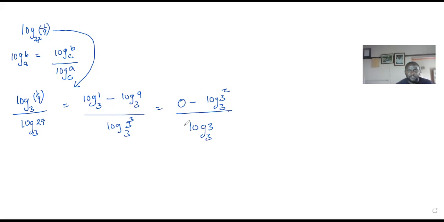The power has gone forward. You realize that we get negative 2 log to base 3 of 3 over 3 log to base 3 of 3. You either divide this by this and get 1, or straight away log 3 of 3 is 1. And thus the answer is negative 2 over 3.